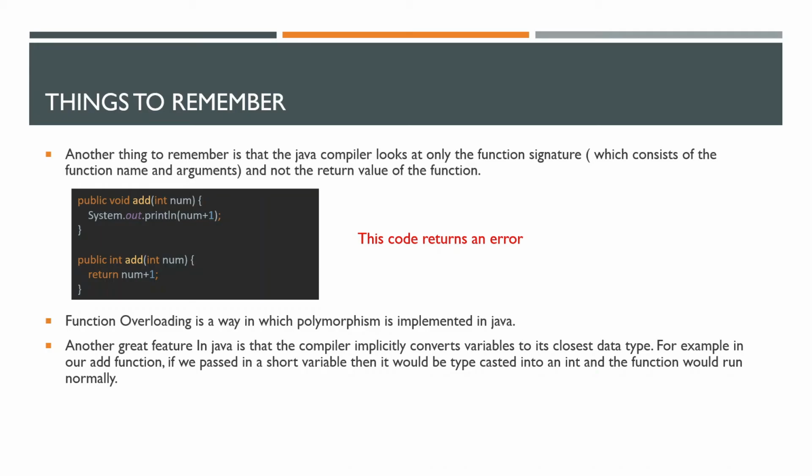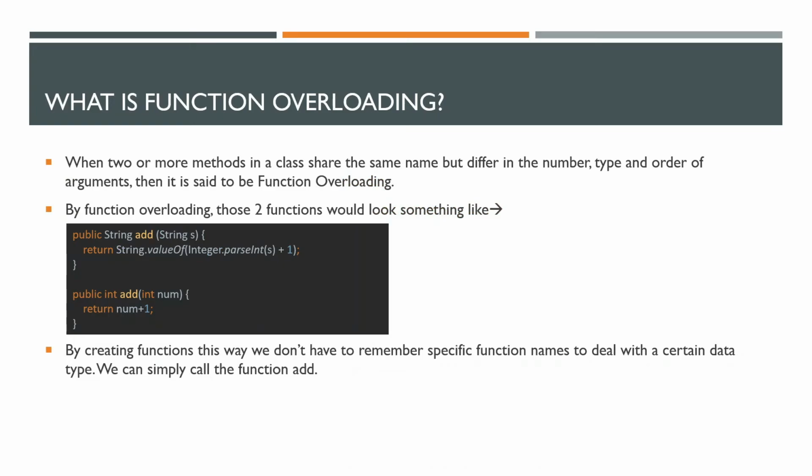Now another great feature in Java is that the compiler implicitly converts certain variables to its closest data type. Now, let's say, for example, that we used this example, right? And we call the function add, and we passed in a variable of short data type.